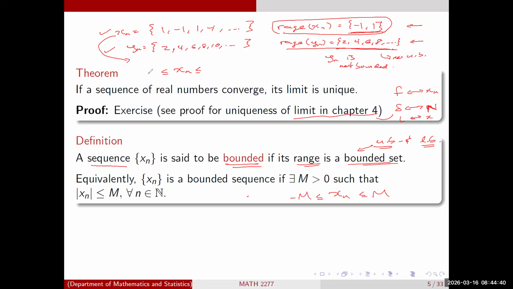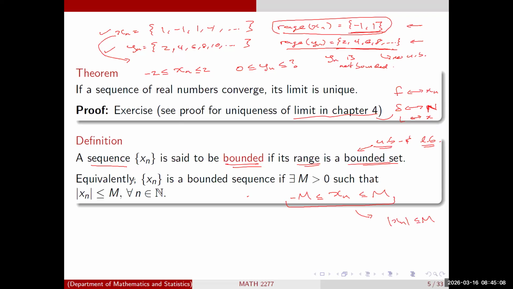They could be any bound. For yn, all the terms of yn are bigger than 0, but there's no upper bound. Another way of writing this is simply saying that the modulus of xn is less than or equal to m.